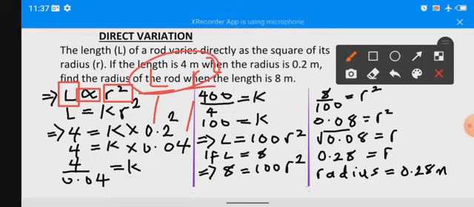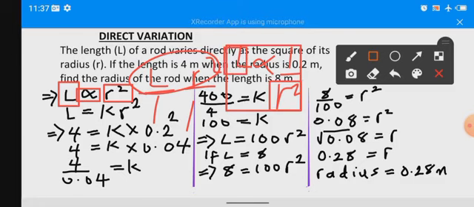They are both numerators. But if it were inverse variation, L varies inversely, it's going to be 1 over R squared. This case is inverse variation. One is a numerator, one is up and the other is down. That is inverse variation.